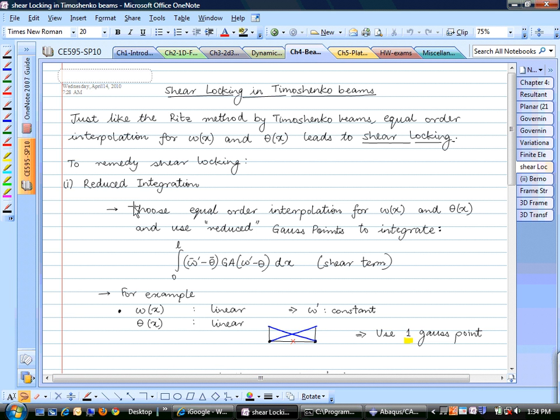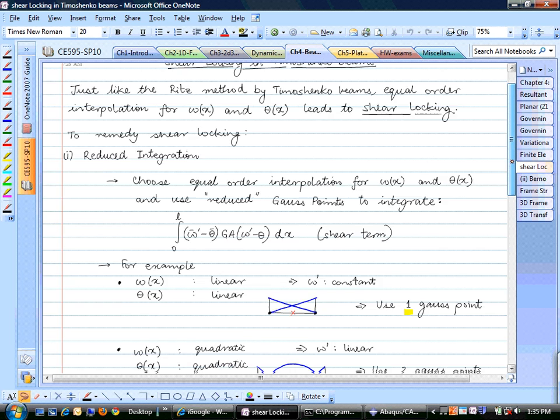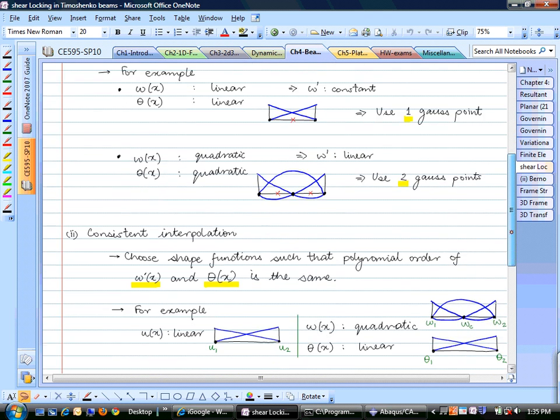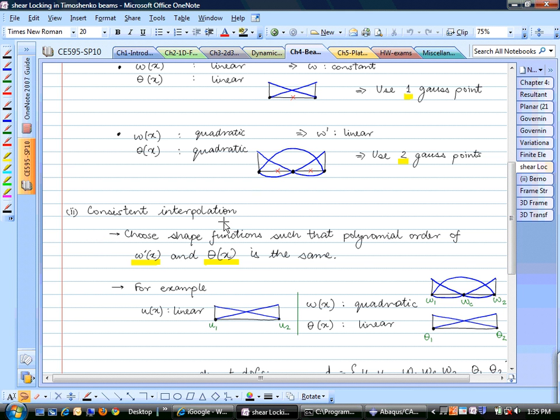So to get rid of shear locking, the common way is to use reduced integration for the shear term. If you integrate this term just with one Gauss point, that will get rid of the shear locking.